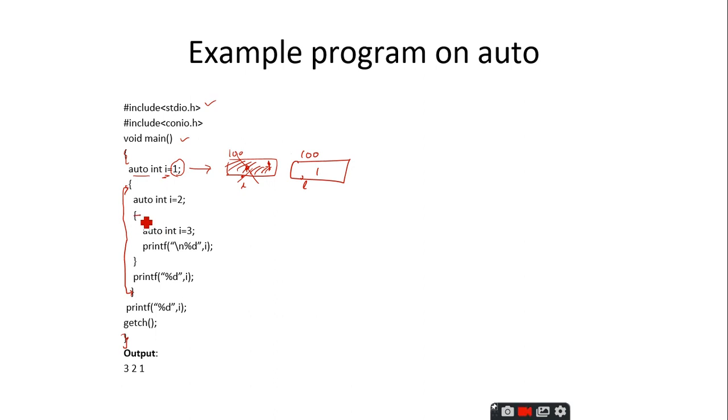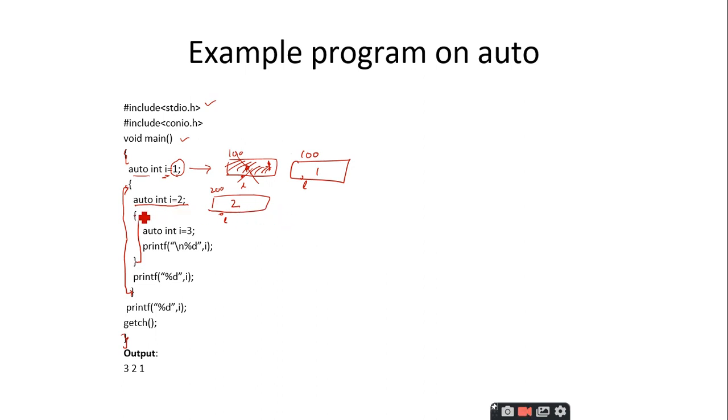And within this block, I am declaring another variable i, and it is an automatic variable. So memory for i will be created, and this is a new variable created at another location. Let me say it is created at 200, and by default it is initialized to 2.